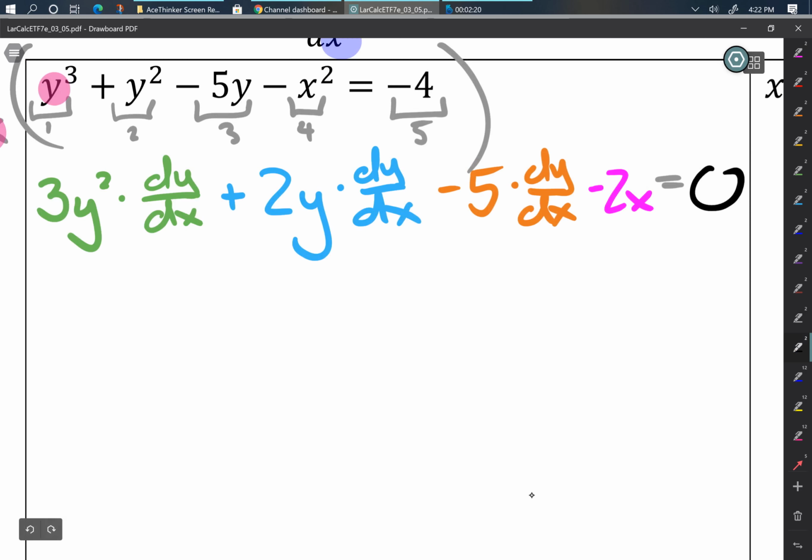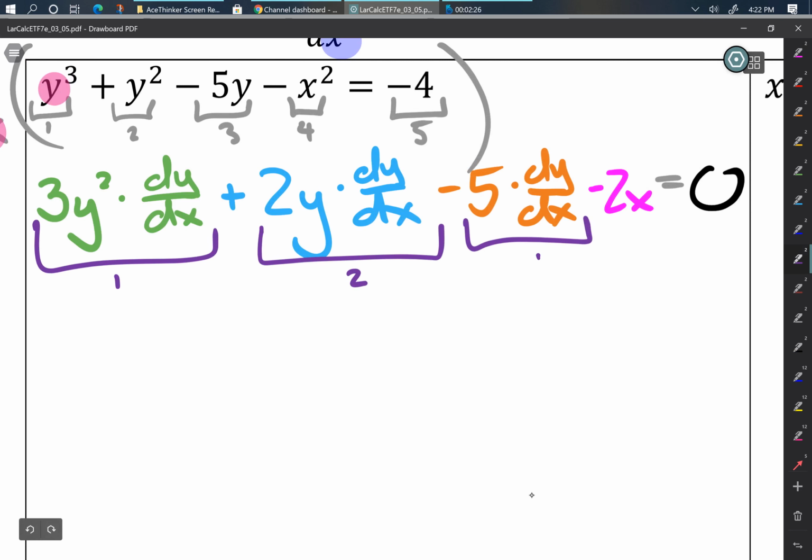Again, a whole bunch of terms. 1 term, 2 terms, 3 terms, 4 terms, technically 5 terms still, right? Because we took the derivative of 5 things, so we should get 5 terms here. You will notice that 3 of those terms have a dy/dx in them, and technically 2 of them don't.